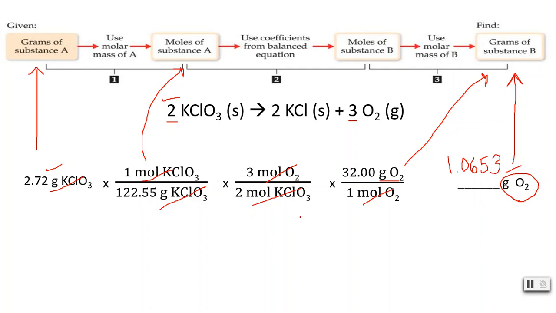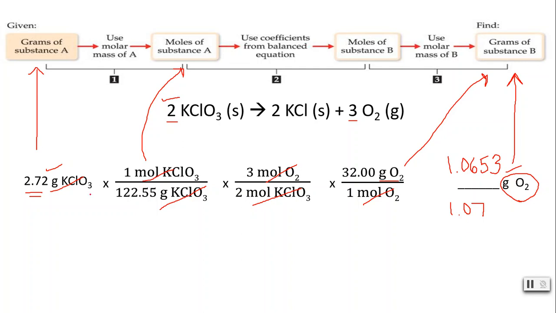But if I was to write it to 3 sig figs, just because that's what's given to me, this number written to 3 sig figs is 1.07. So I have 1.07 grams of oxygen gas that came from the decomposition of 2.72 grams of KClO3.